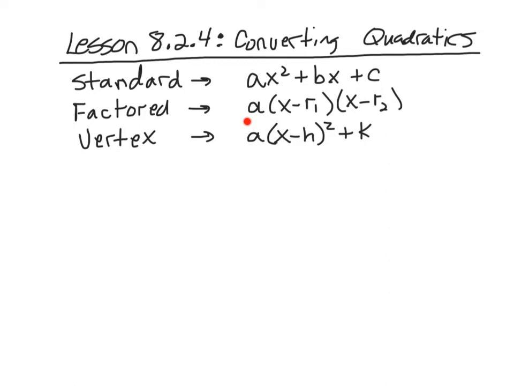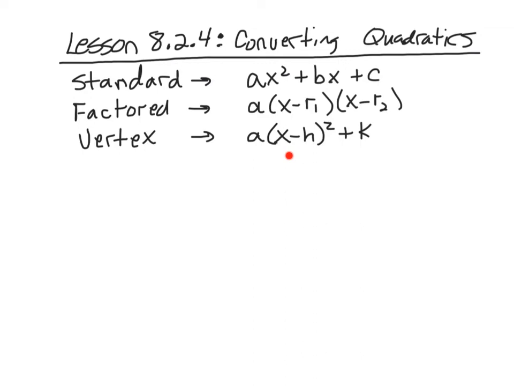And the factored form, we have a times the quantity x minus r1 times the quantity x minus r2. And we now know that r1 and r2 are my roots of the quadratic if I set it equal to 0. In other words, the x-intercepts. And so we can immediately solve that quadratic just by looking at the equation and finding r1 and r2.